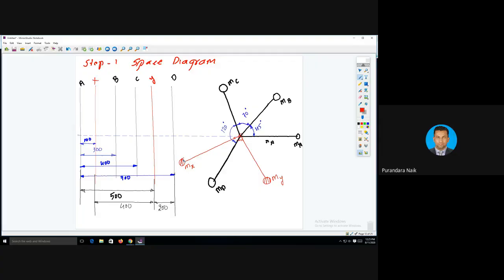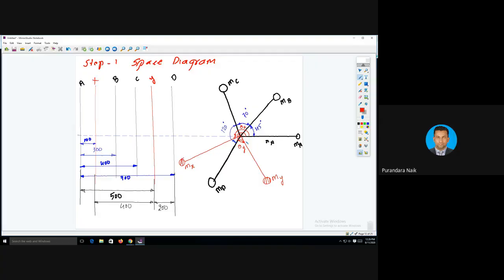The corresponding angles. Let us measure the angle from mass A. So the angle from mass A to X as theta X. Angle from A to Y as theta Y. We have marked two angles, theta X and theta Y. What is theta X?